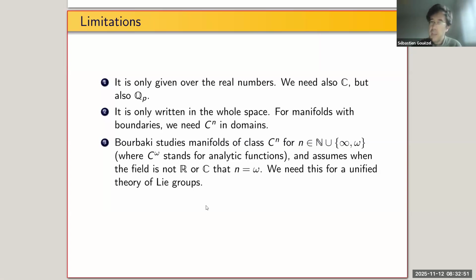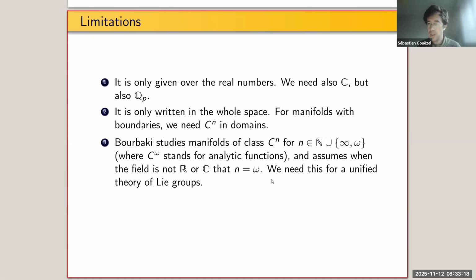And they have a book on manifolds, and in this book on manifolds, from the start they say we will study manifolds of class C^n for n which is either a natural number or infinity or omega, where C^omega means analytic functions. And they say from the start, when the field is not R or C, we will only look at analytic manifolds.